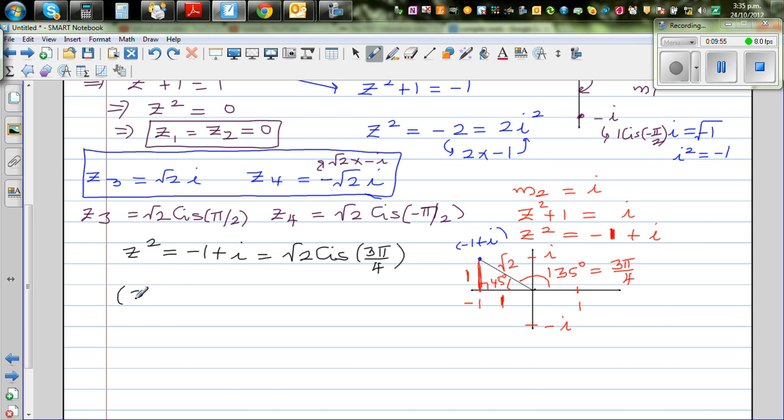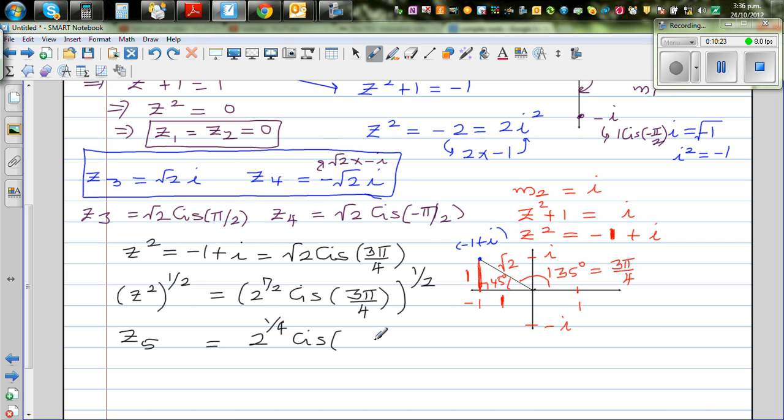So I can say z squared, the whole raised to half, would be 2 raised to half cis 3 pi by 4, raised to half. Using De Moivre's theorem, this would be 2 raised to 1/4 cis 3 pi by 8.